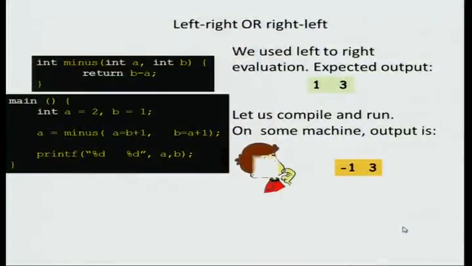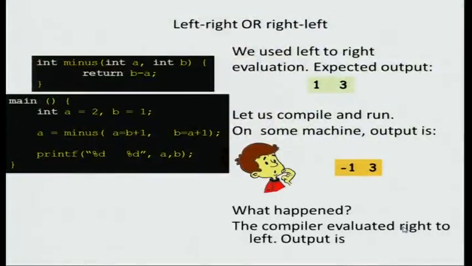But when you run it on some machines, you may get the output -1 3. So what happened here? This happens, for example, when the compiler evaluates it right to left. So when you evaluate it right to left, b equal to a plus 1 will be executed first. So b gets the value 2 plus 1, 3, and then you will execute a equal to b plus 1.